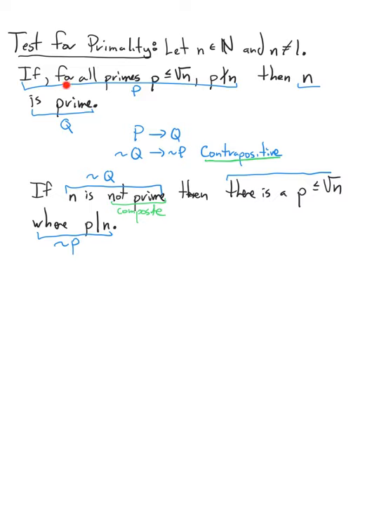To negate that, the for all changes to an existential quantifier, a there exists or a there is. So rather than for all primes less than the square root of n, it's there is a prime less than the square root of n, and then we just negate this part here. So rather than p isn't a factor of n, it's p is a factor of n. So this is what we're going to prove. If n is composite, then there is a prime less than the square root of n where p is indeed a factor.